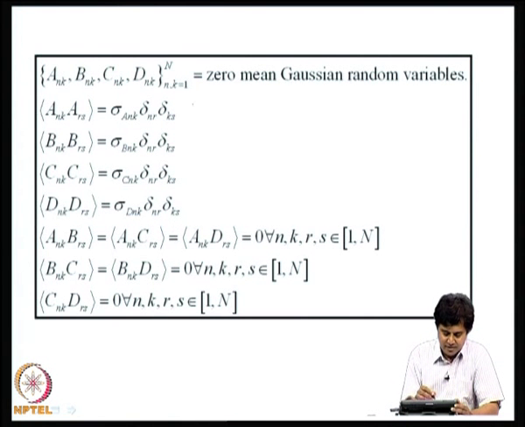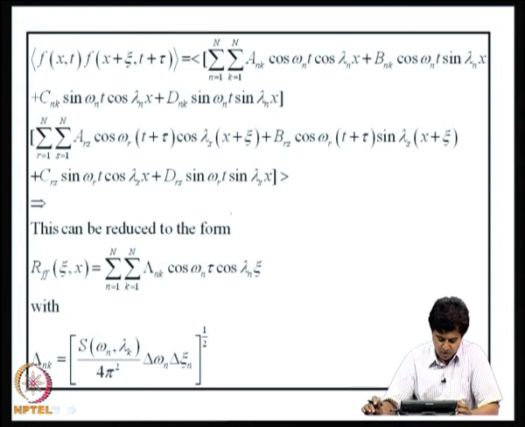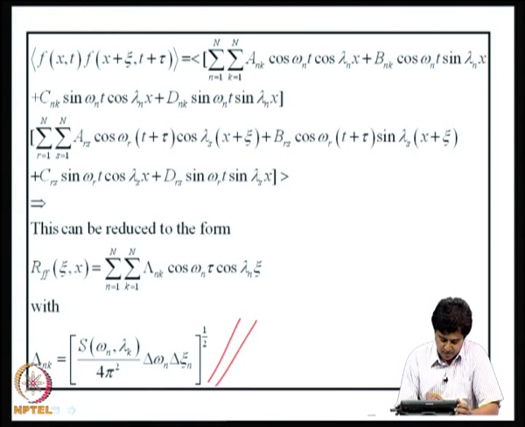So, we can set up the same logic, we can make all these things for n not equal to k etc. to be independent, and for certain cases when n equal to r and k equal to s etc., we will adjust those parameters and take them to correspond to the value of the discretized version of the power spectral density function matrix.